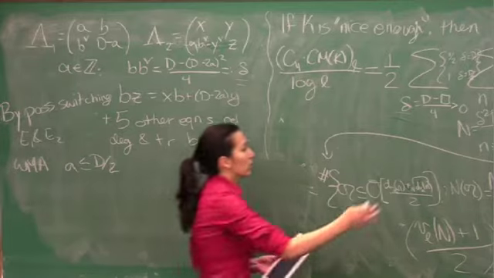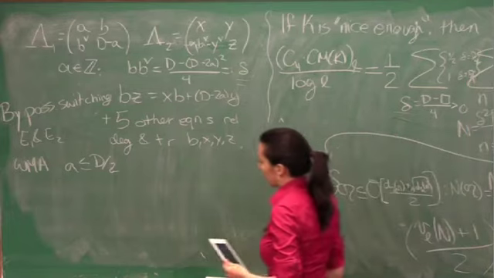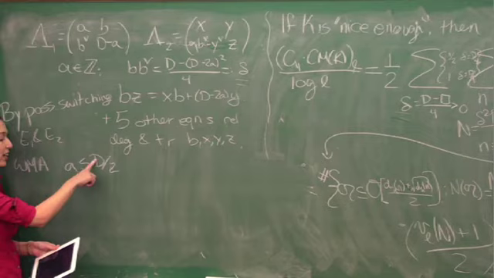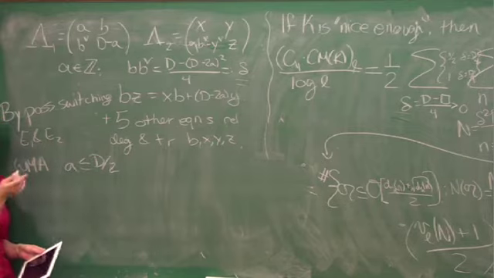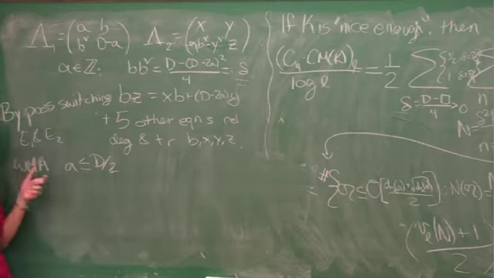Oh, this is supposed to be d over 4. It doesn't matter so much. Okay, so that's fine. That will uniquely determine it, except when a is exactly d over 2, I'm going to double count. So that's all that little constant is. It's just taking away this double counting when you're exactly on the boundary.